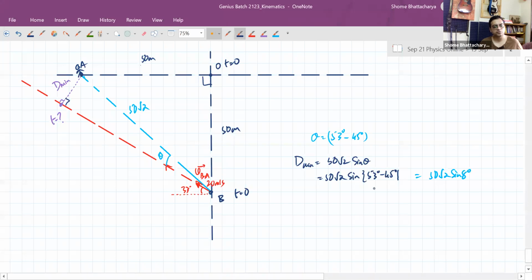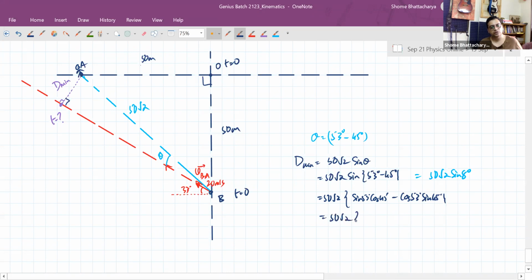We'll use this formula only to calculate it. So it is 50√2 into sin 53 cos 45 minus cos 53 sin 45. This will be the easier way of calculating it.